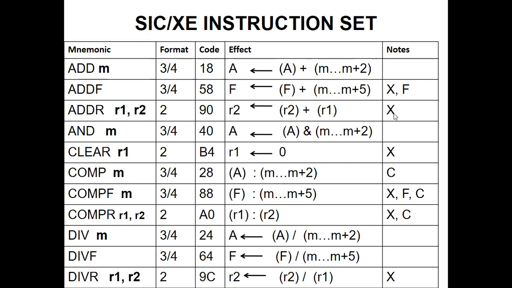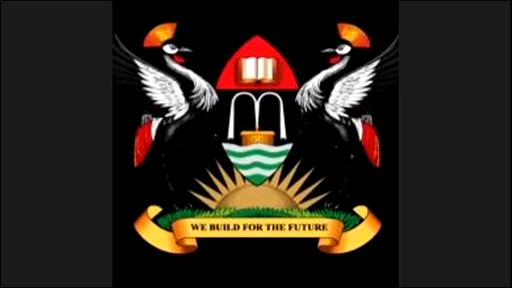And this one is only on the XE format. It is not on the simple SIC, because the simple SIC does not use registers, okay? So please, as we continue explaining, we will be also looking at this table here, okay? So let us go back to our other program.